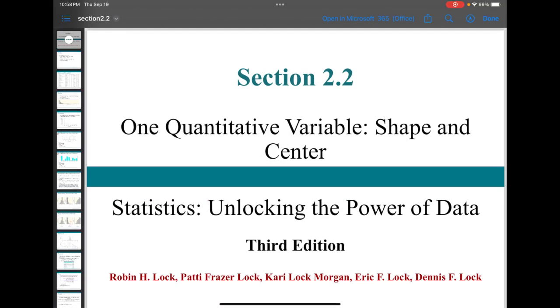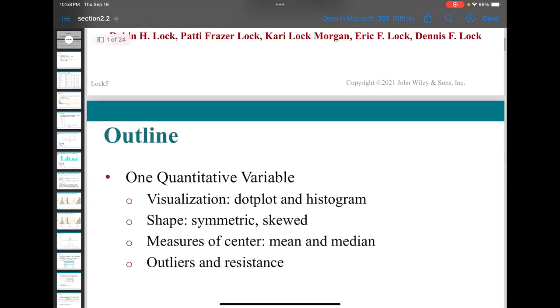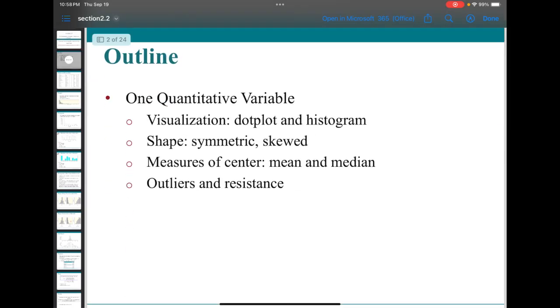Okay, in section 2.2 we are going to talk about quantitative variables. So first we'll talk about one quantitative variable, and its shape and center. Same as before, we are trying to talk about what to do with these quantitative variables, and how to visualize them.